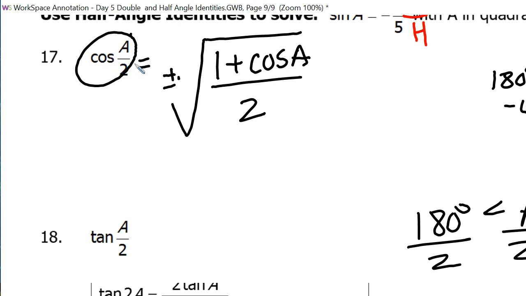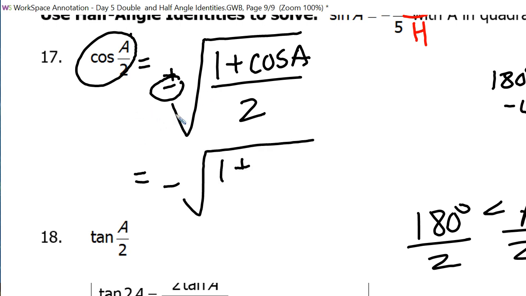A over 2 is in quadrant 2, and in quadrant 2 the cosine is negative. So this is going to be negative square root of 1 plus, what's the cosine of angle A? Negative 3/5, so instead of 1 plus negative 3/5, I'm going to write this as 1 minus 3/5.